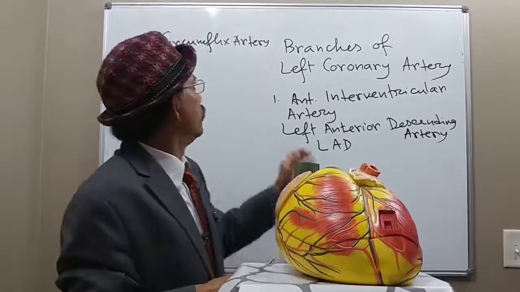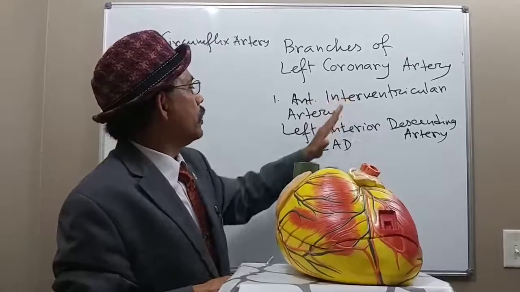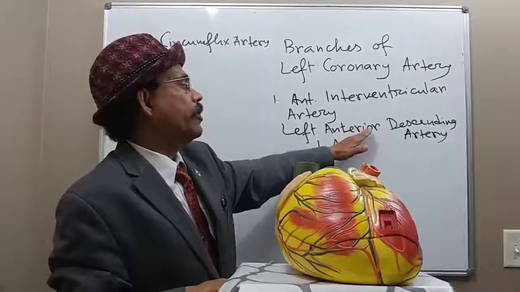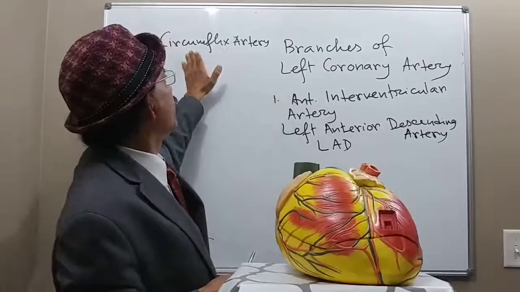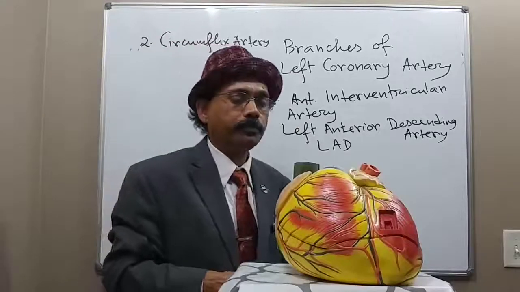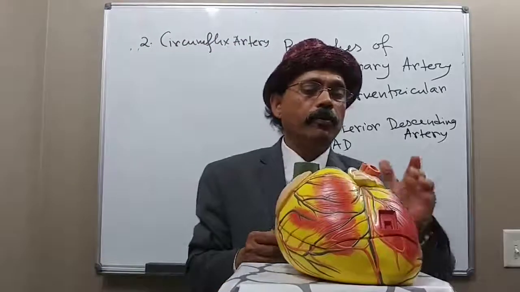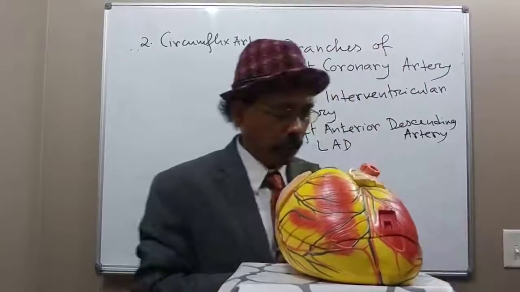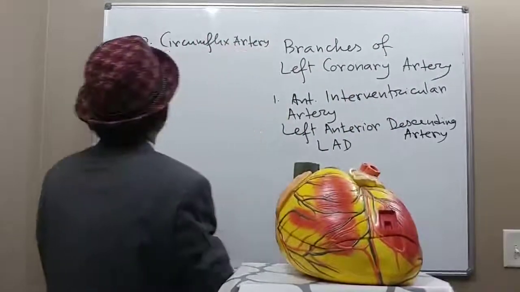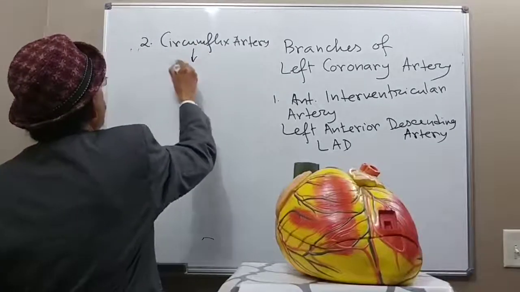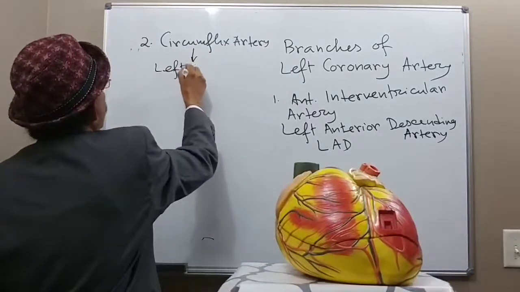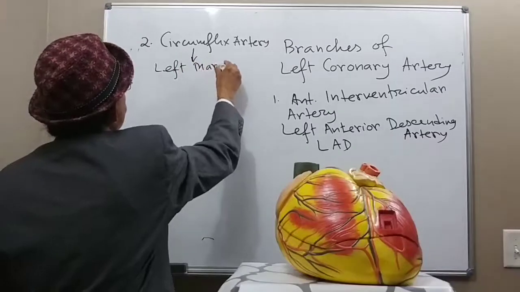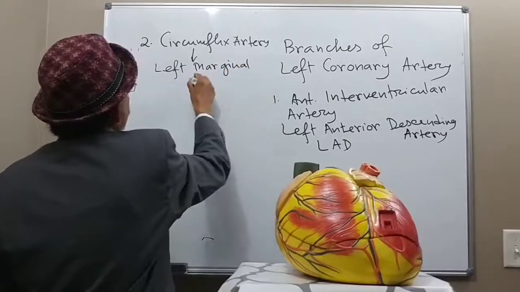One is the anterior interventricular artery or LAD or left anterior descending artery. Another one is the circumflex artery. So the circumflex artery has what branch? It is the left marginal artery.